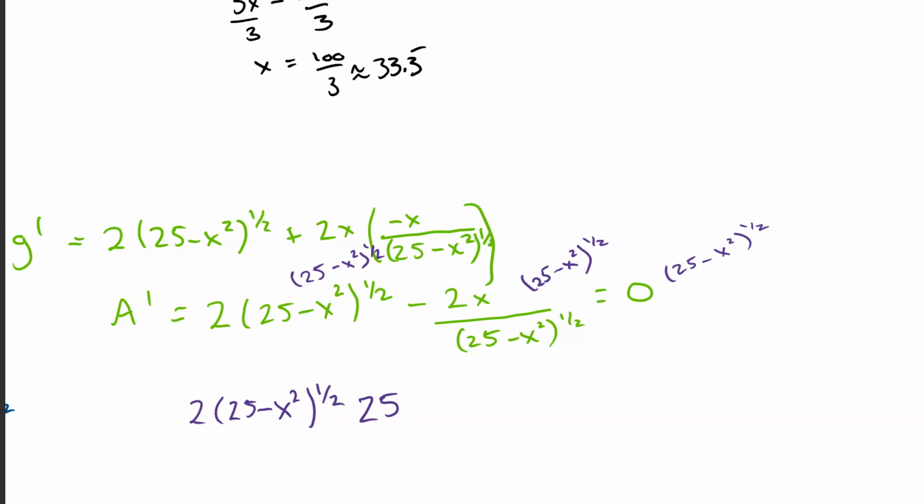So we're going to have 25 minus x squared to the 1/2 twice here. You'll notice that the inside's there. This one cancels, and that's 0. You notice that the insides are the same, so we can use our exponent rule to add the exponents, since the guts are the same.